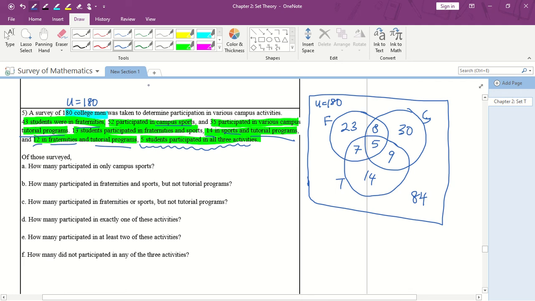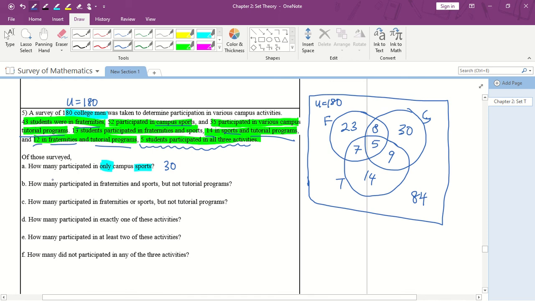Okay, so now let's go back to the questions here. How many participated in only campus sports? Only campus sports is the 30 here, because this is sports and they say only sports. That means not involving the others. So it will be 30.